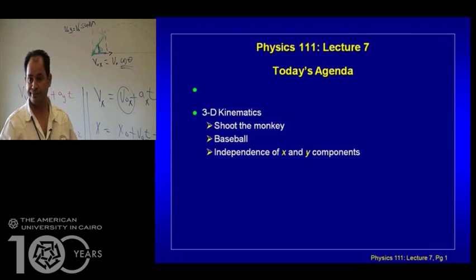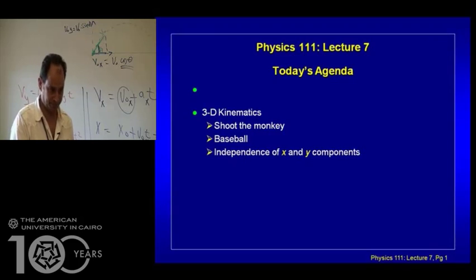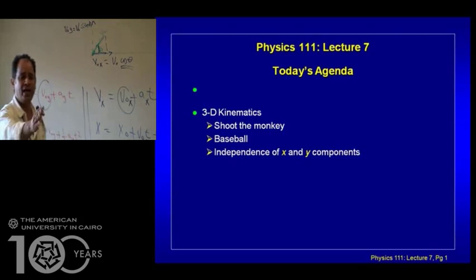Theoretically. Sharif is saying theoretically. He means if we ignore air resistance, then the velocity along the x-axis will not change. That's what he means. And we're going to ignore the air resistance for now. So the velocity along that direction will never change.